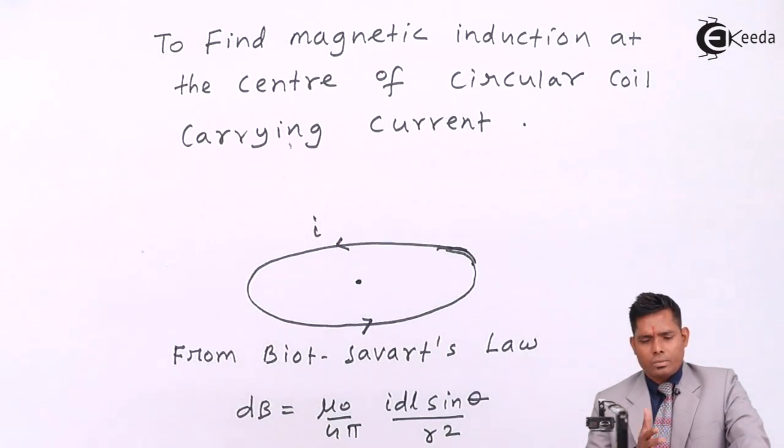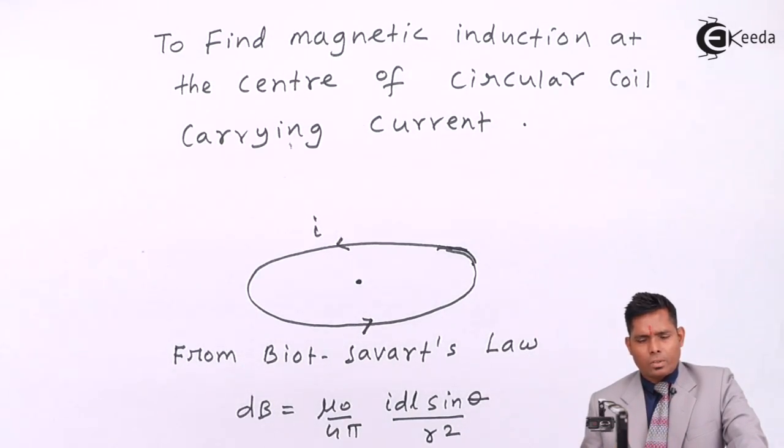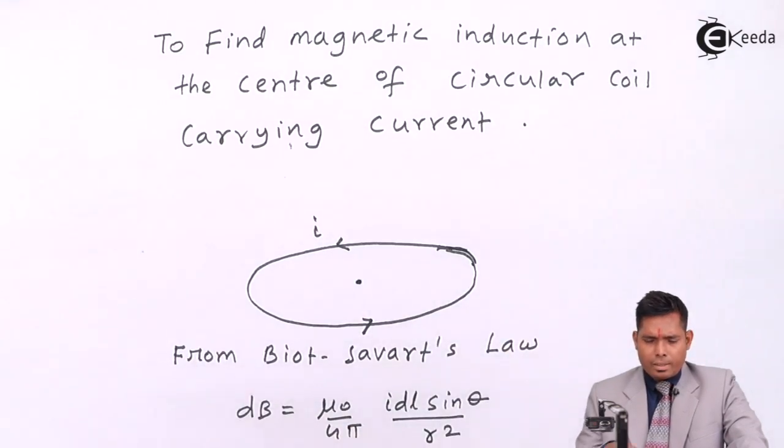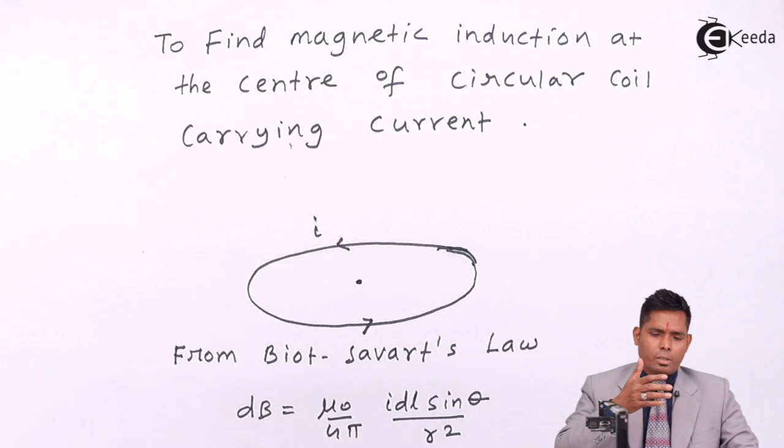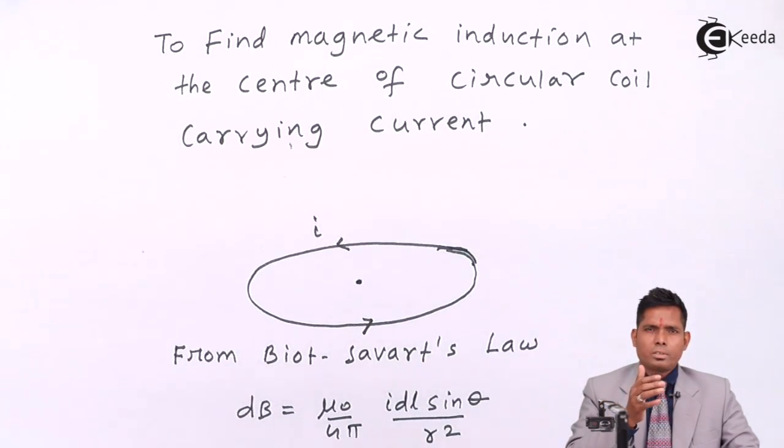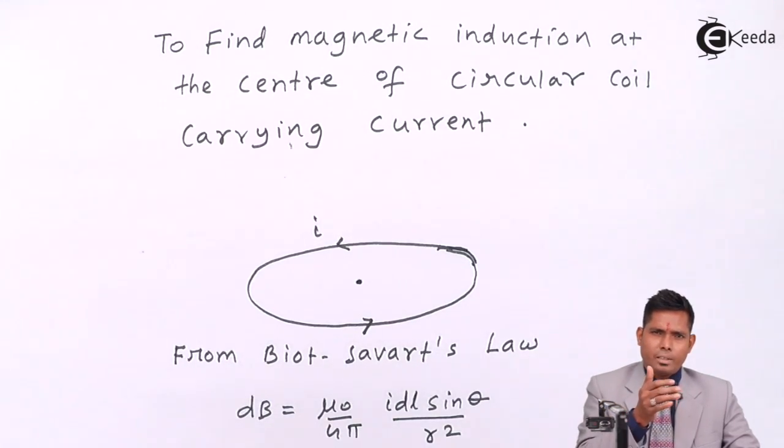For a straight conductor, we hold like this. For the circular coil also, we hold like that. For a circular coil, to find the direction of the magnetic field that comes out of the coil, the coil is like this in this plane, current is flowing like this. Here, our curved fingers of the right hand must be in the direction of the current in the coil.